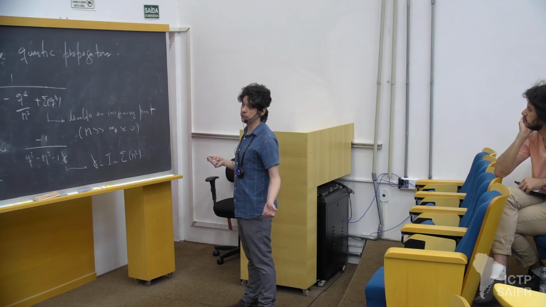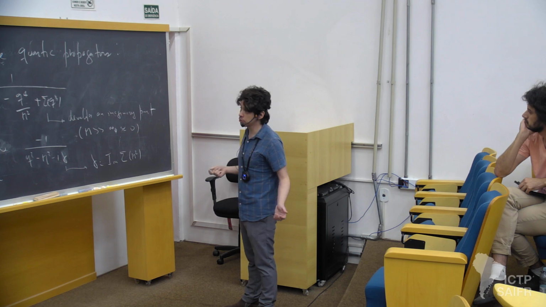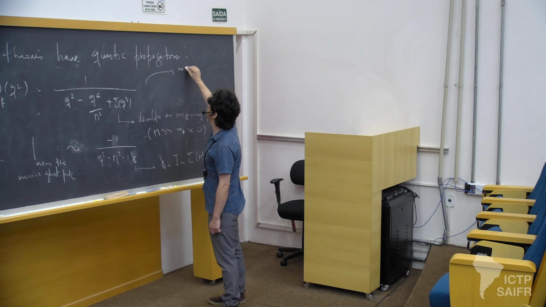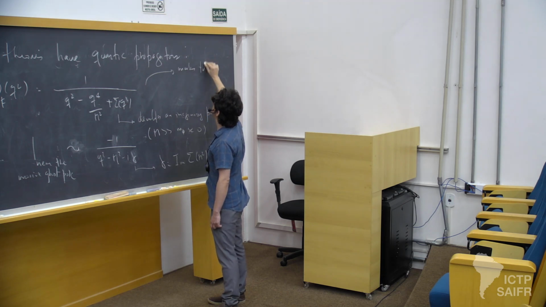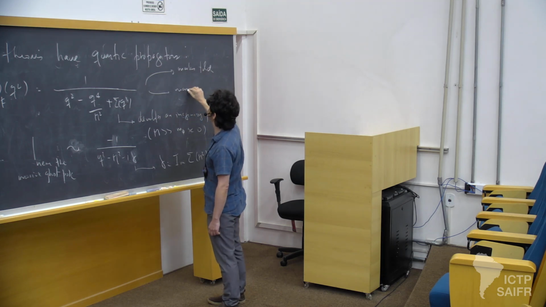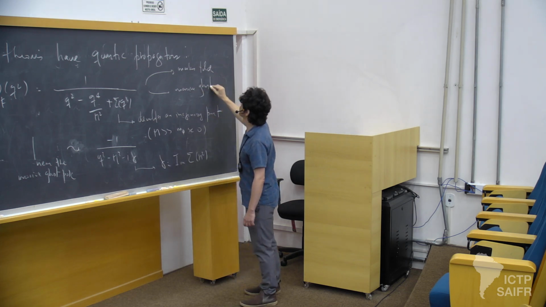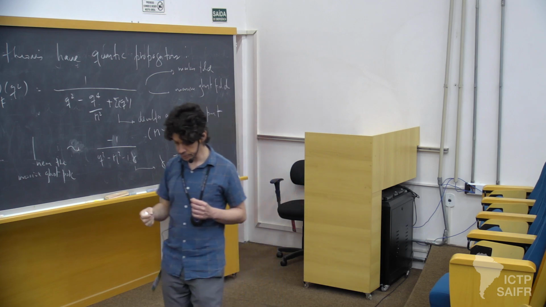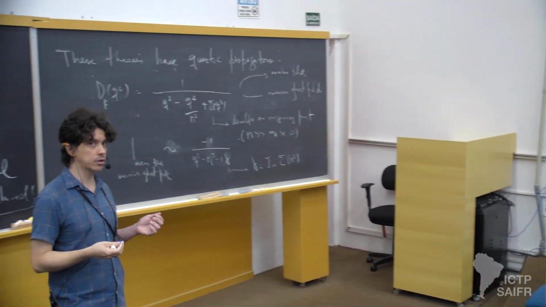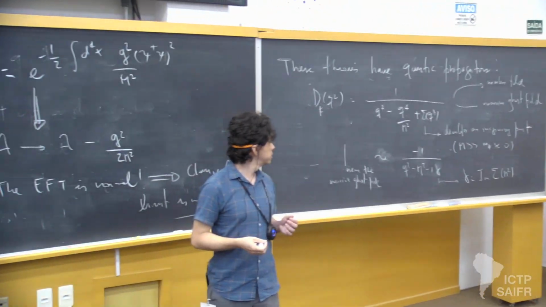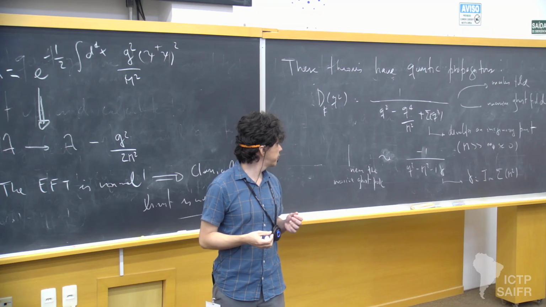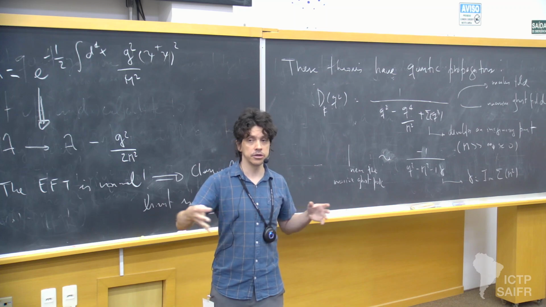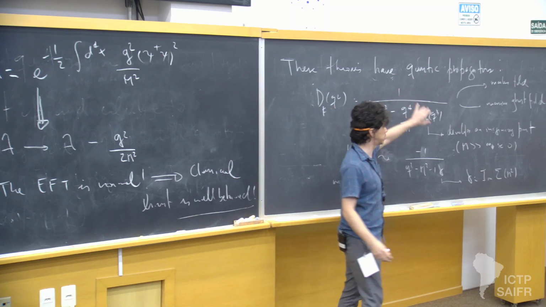So now you may feel tempted to argue that this propagator, which is describing a massless field and a massive ghost field, can be written using, for instance, something that we call narrow width approximation, and the fact that you can use partial fraction decomposition for the whole stuff in here.